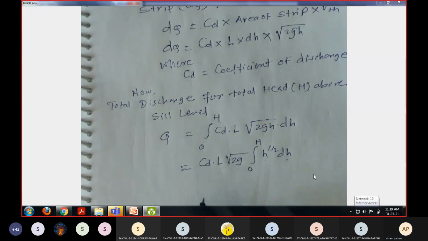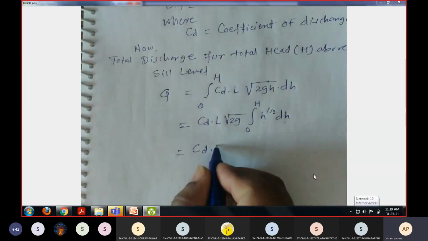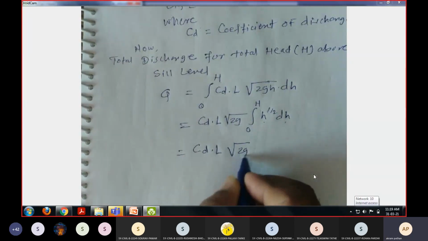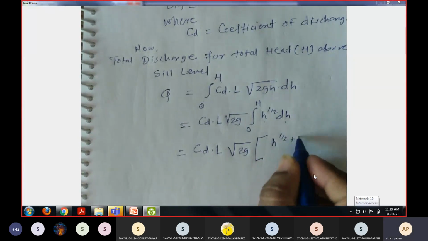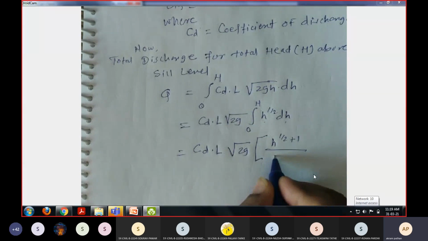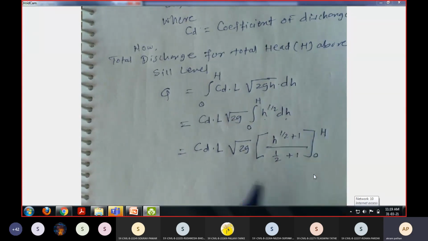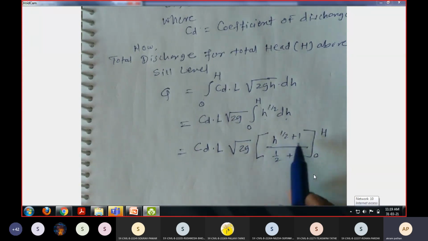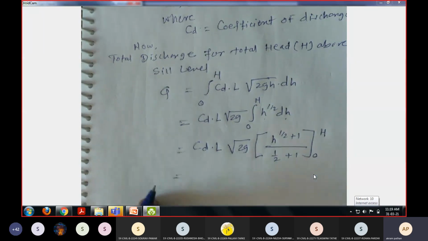Now we have to put upper limit and lower limit. So CD L √2G, then H raised to half plus 1 divided by half plus 1, 0 to H. Okay, if you do the integration then it will come H raised to half plus 1 divided by half plus 1, 0 to H. Then put upper limit minus lower limit.